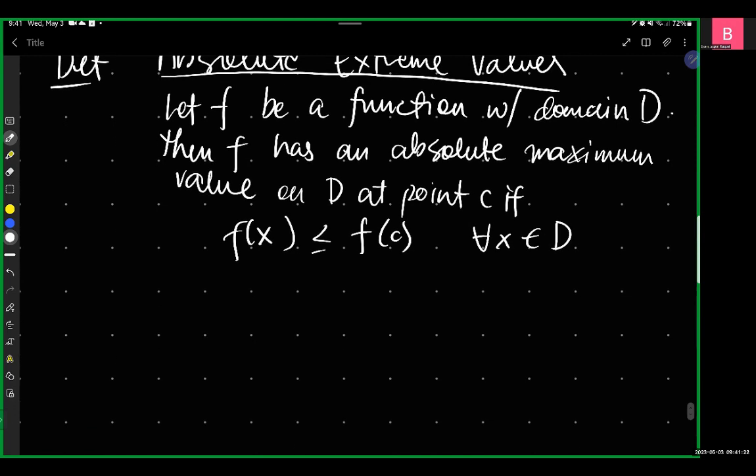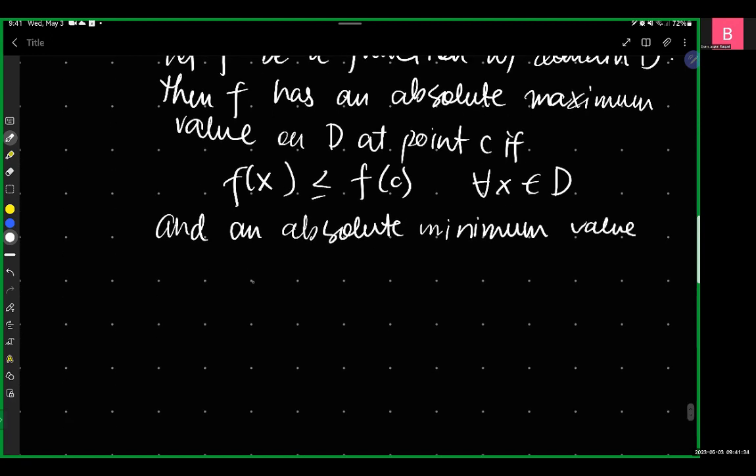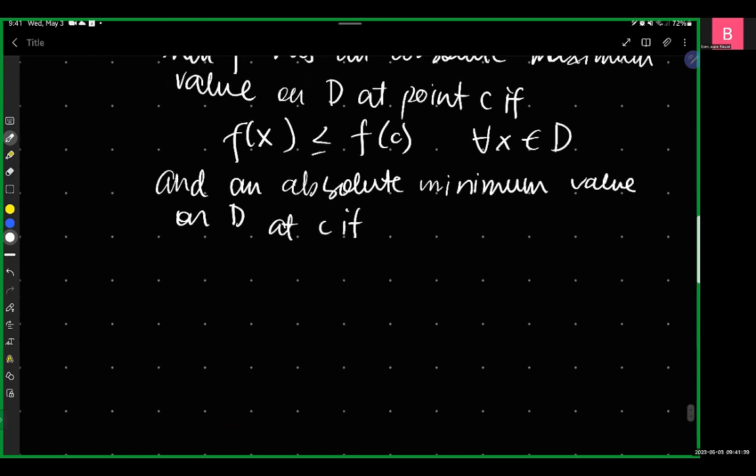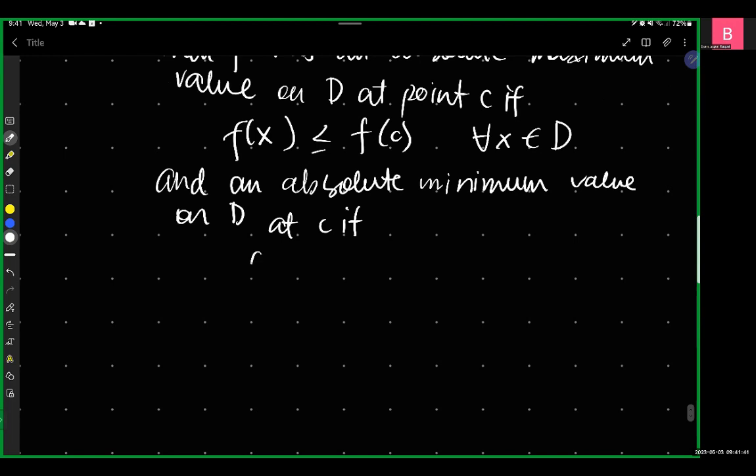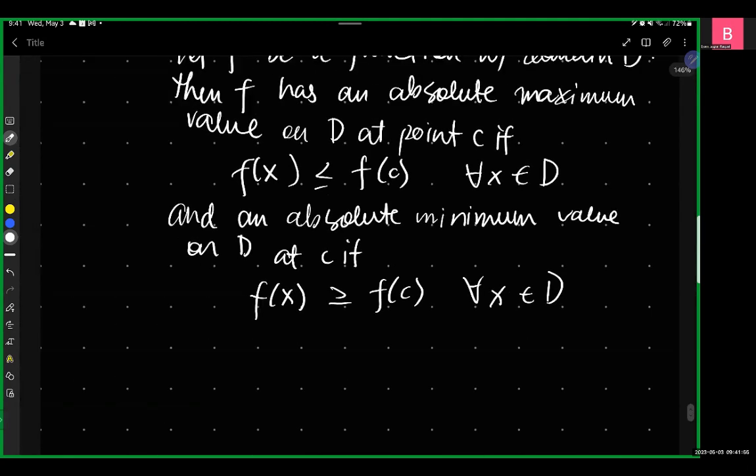And an absolute minimum value on D at c if f of x is greater than or equal to f of c for all x in D. So we have defined the following.